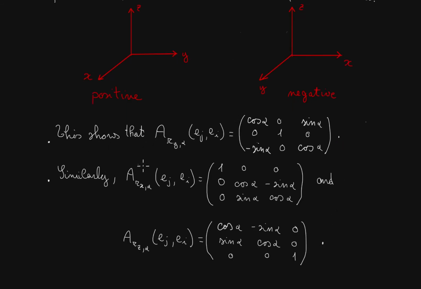Similarly, we have the associated matrix of Rx, alpha, which is counterclockwise rotation about the x-axis of an angle of alpha with respect to the canonical basis of domain and codomain, and it looks like this matrix, and the rotation about the z-axis with respect always to the canonical basis of domain and codomain is this matrix.